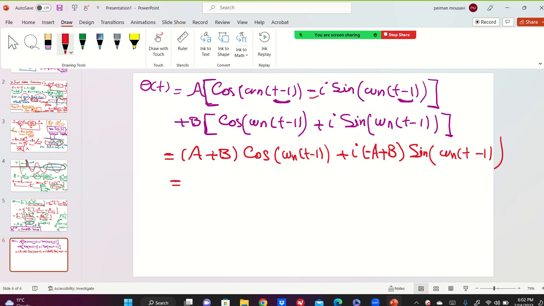As we previously did, you can write this as D sine omega n (t minus 1), using trigonometry from high school, minus phi.